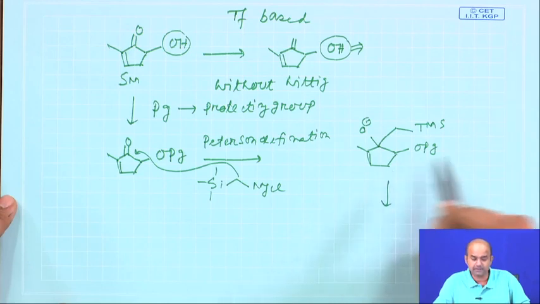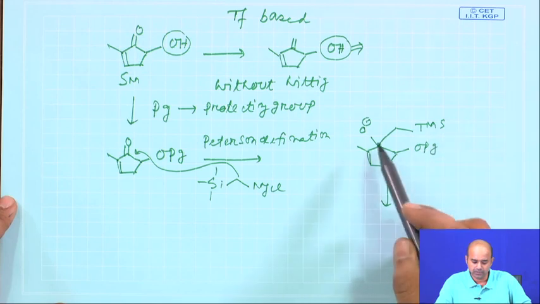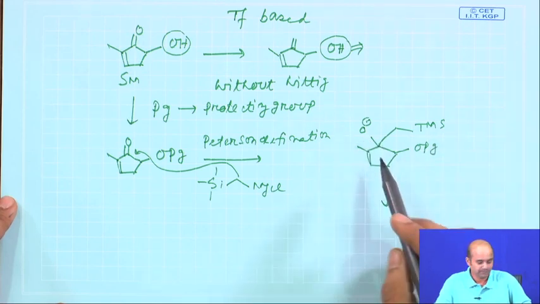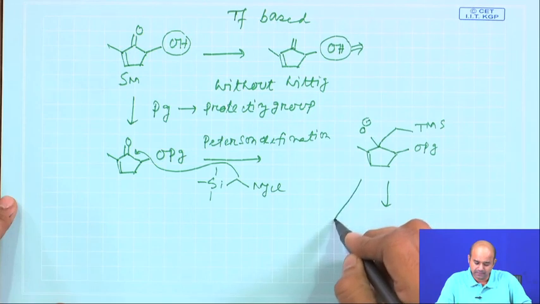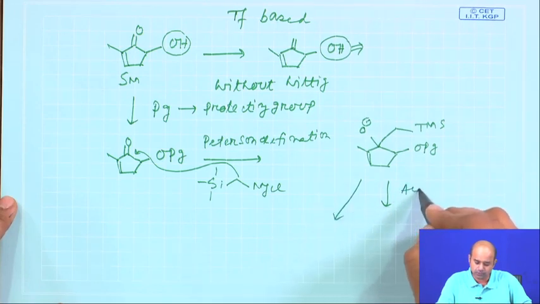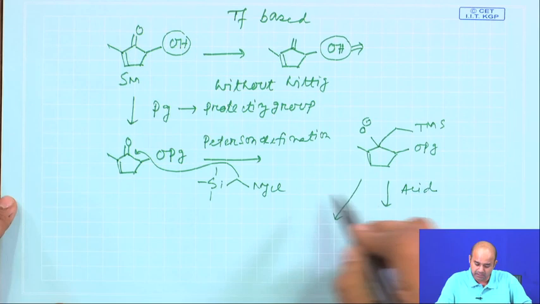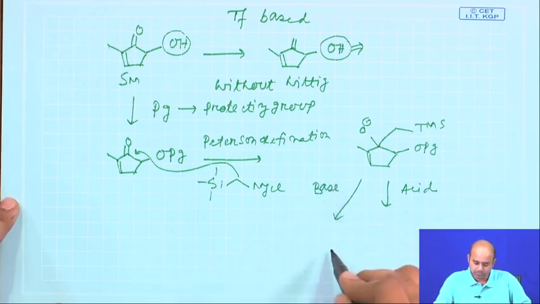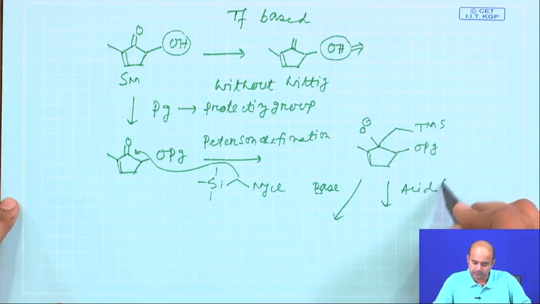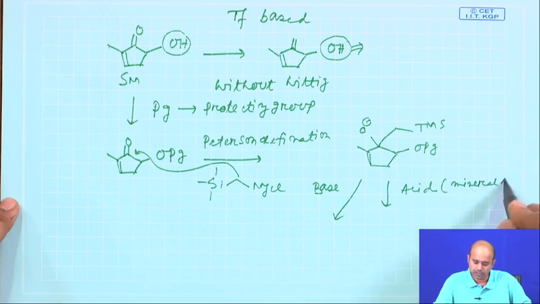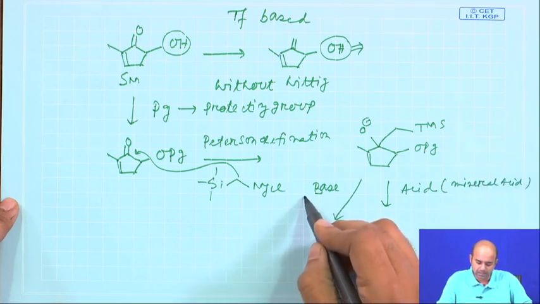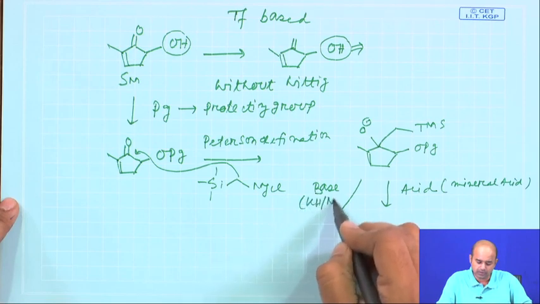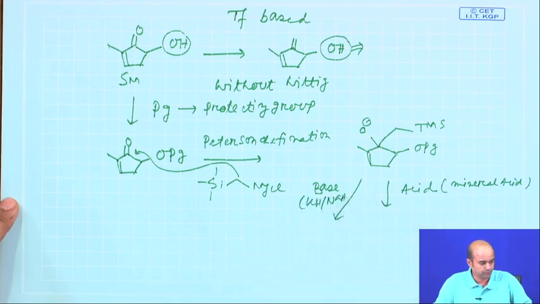The next step is basically elimination of this silicon group as well as this oxygen. And this elimination can be done in both ways. You can do an acid mediated or base mediated elimination. Usually for acid mediated elimination, simple mineral acids are used, and for base mediated, sodium hydride or potassium hydride is usually used.